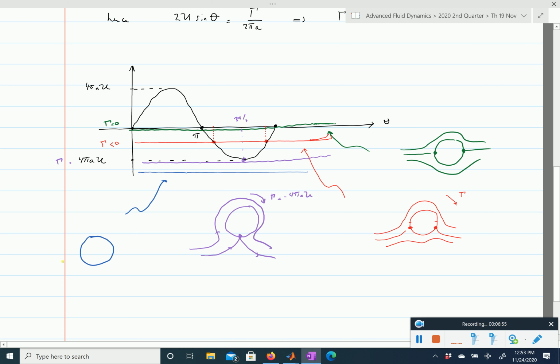Remember, when we had a very big negative value for the circulation, there was almost a pocket of recirculation with closed streamlines. We had a stagnation point which was no longer at the surface of the cylinder, but in the bulk of the fluid. And so you had something which looked like that. All right, this is how the stagnation points look for the flow around a cylinder.